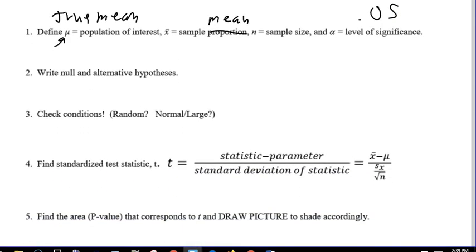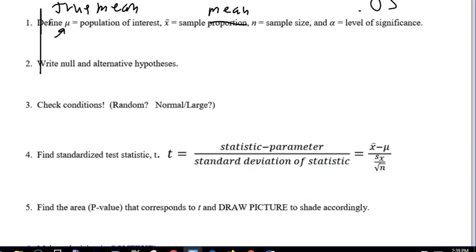We're going to write our Ho and Ha. As we talked about yesterday, mu is going to be equal to a number. And then Ha, mu will be either less than, greater than, or not equal. Those are our 3 options, just like the previous units.